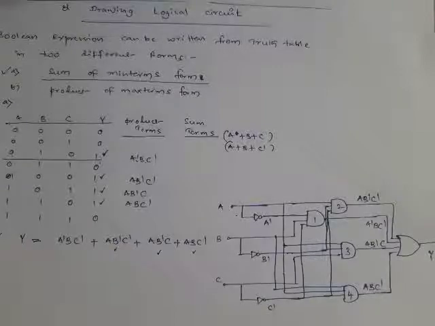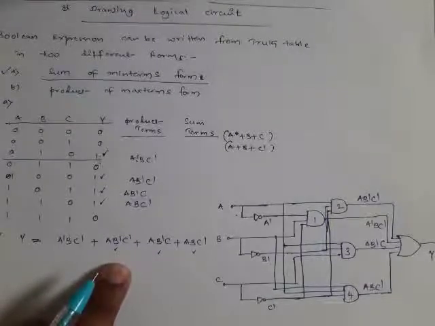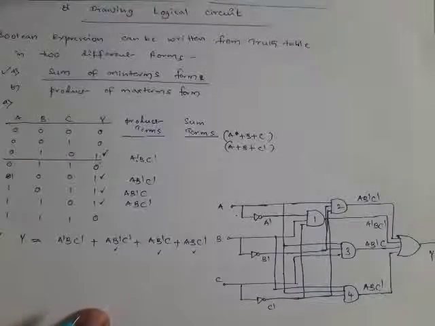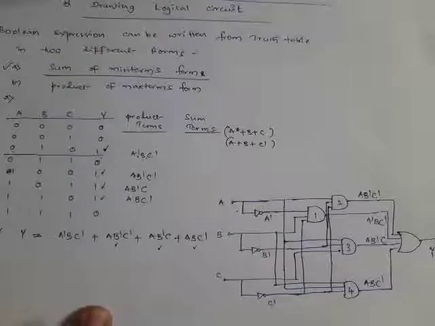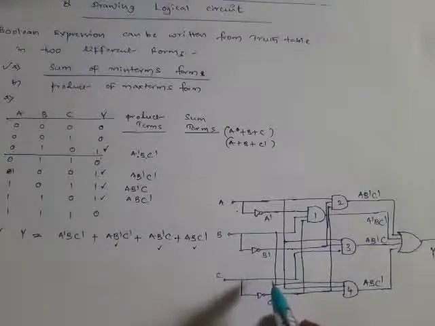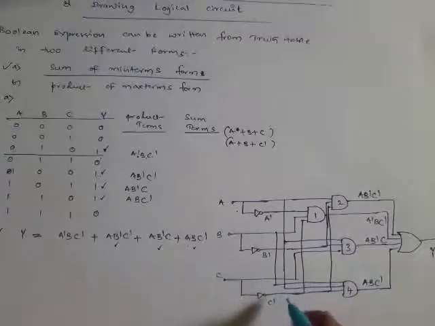Notice that we haven't simplified the Boolean expression obtained from the truth table. If we simplify by using the theorems, we will get a simplified Boolean expression, and a logical circuit for it will take fewer gates. But here we have shown how to draw the circuit without simplifying the Boolean expression.